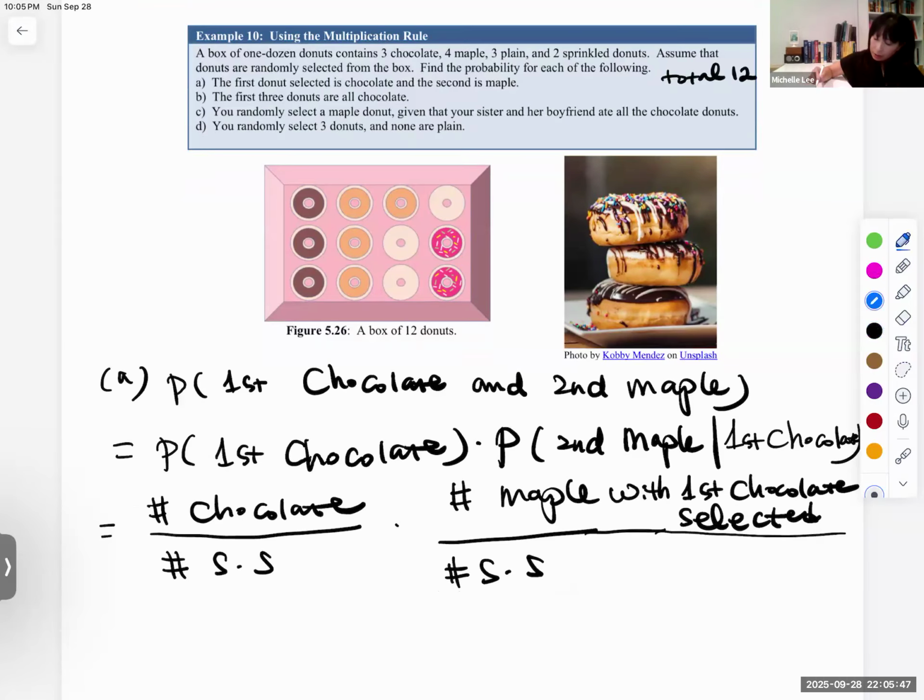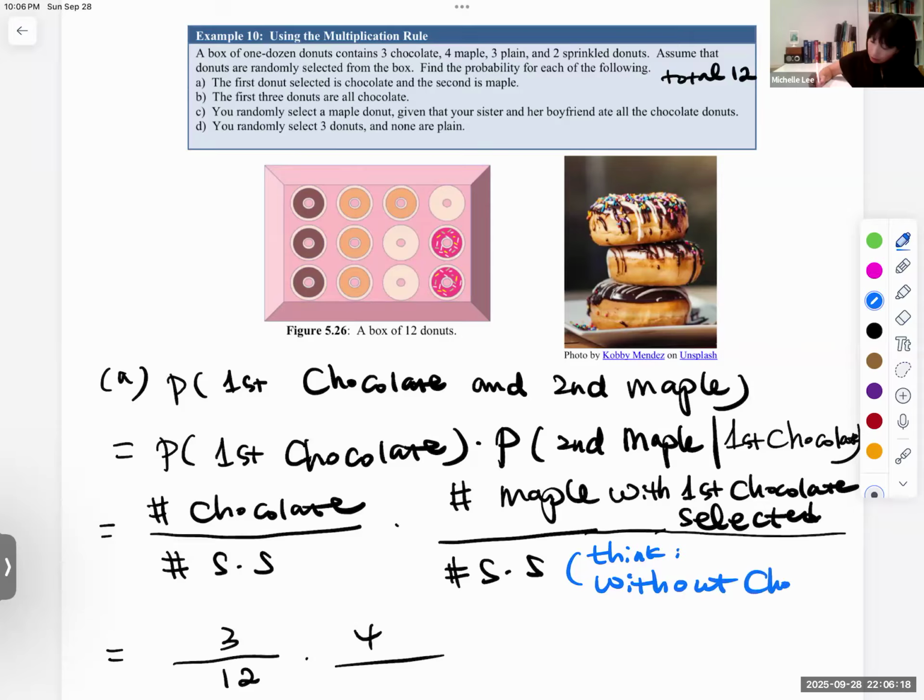So in that case, the sample space will be 12. And how many chocolate? It's 3, right? The second one, how many maple? 4 maple, but then the sample space without chocolate, right? Since chocolate is picked first.